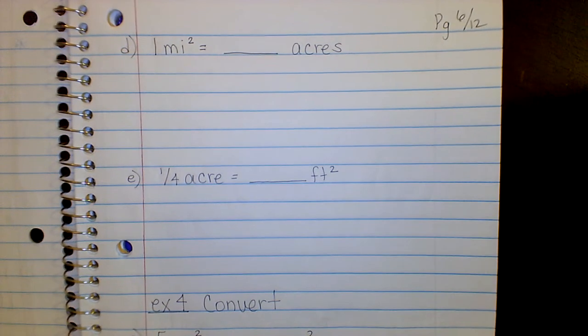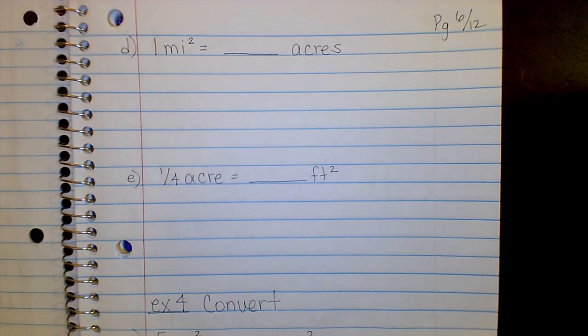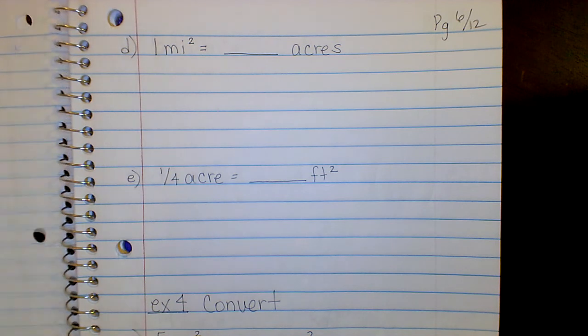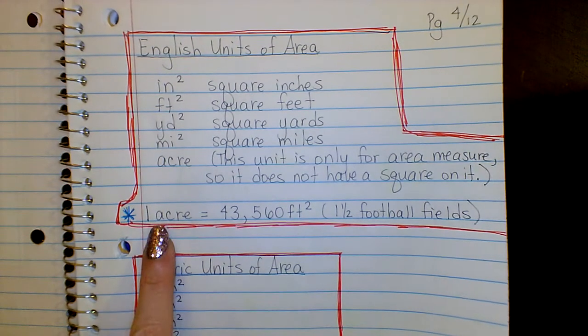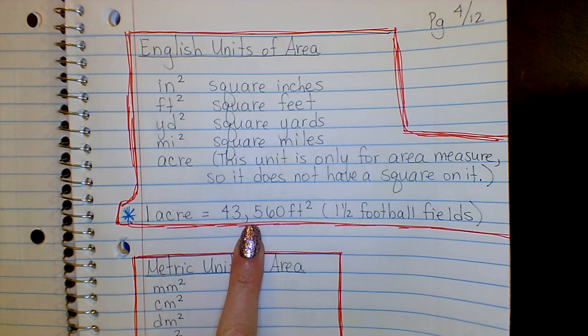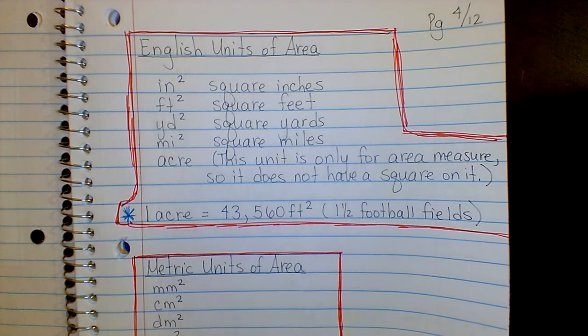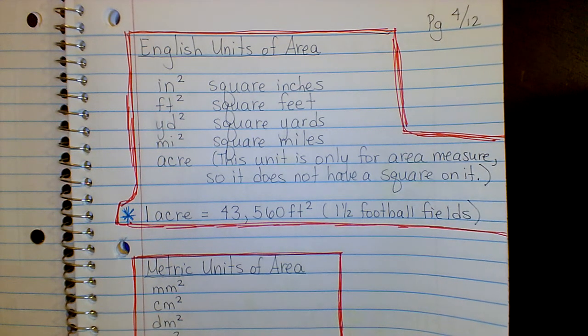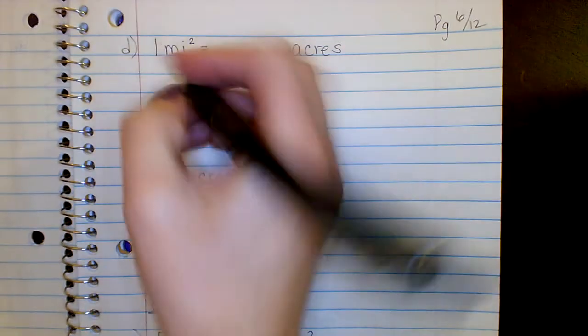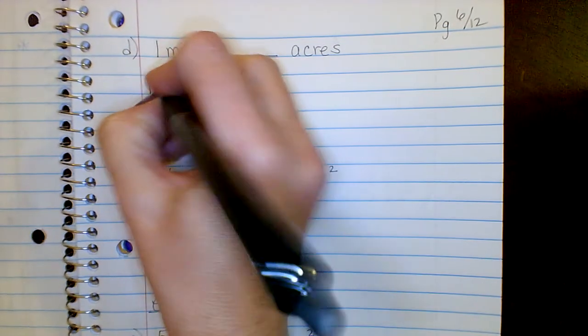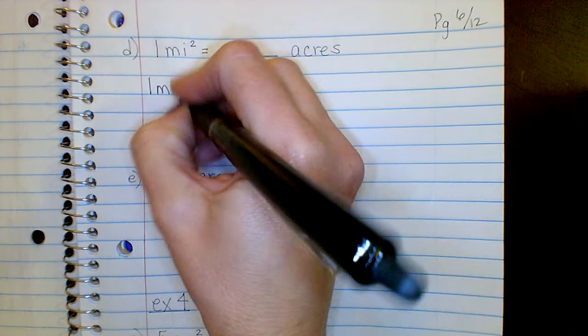Alright, how about square miles to acres? So let's go back here. And we have the acreage to square feet, and we know the feet to mile conversion, so we're going to have to use both of those. So we're going to use 1 square mile.